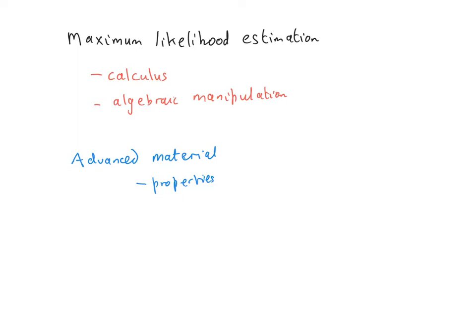So let's move on to another page and talk about what maximum likelihood estimation is, what we're actually trying to do. Let's assume that we have a random sample, and I'm going to denote this random sample as y1 up to yn.